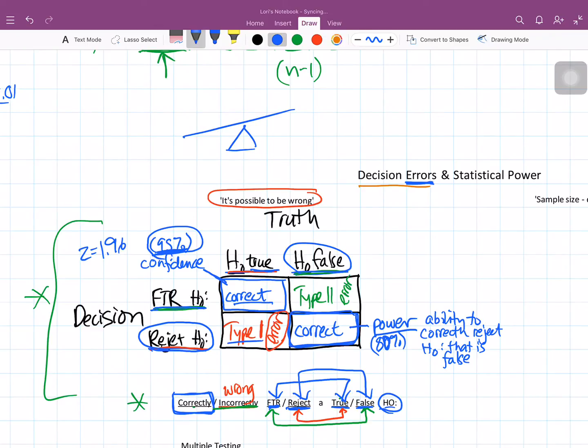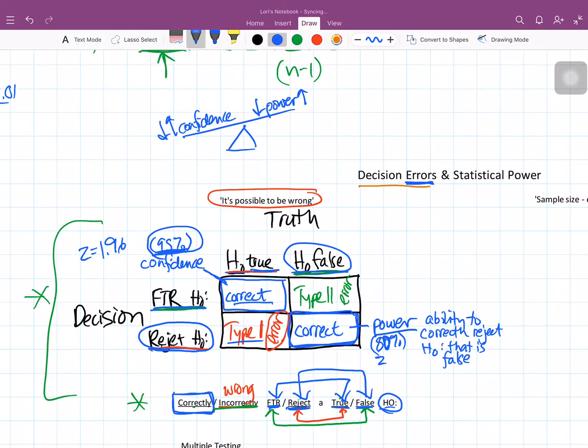We don't want to reject a null hypothesis that's true, because then we're sending information out into the world that's incorrect. So here we have our confidence and our power, and if one goes up, the other one goes down. They're like a seesaw.